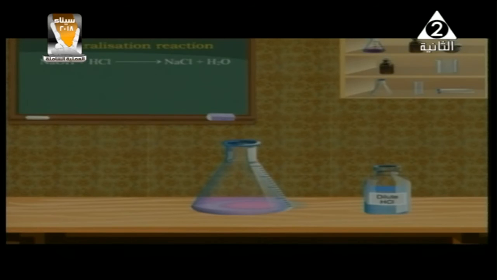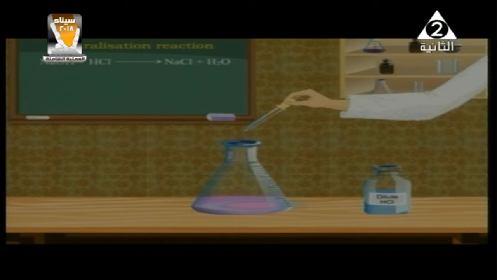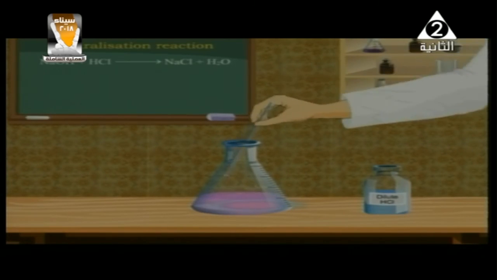Now, do you think the color will change if you add HCl? Sure, we add drops of HCl to this reaction. Concentrate on the color of this reaction. We add it as drops. From one drop to another, the red color starts to disappear.